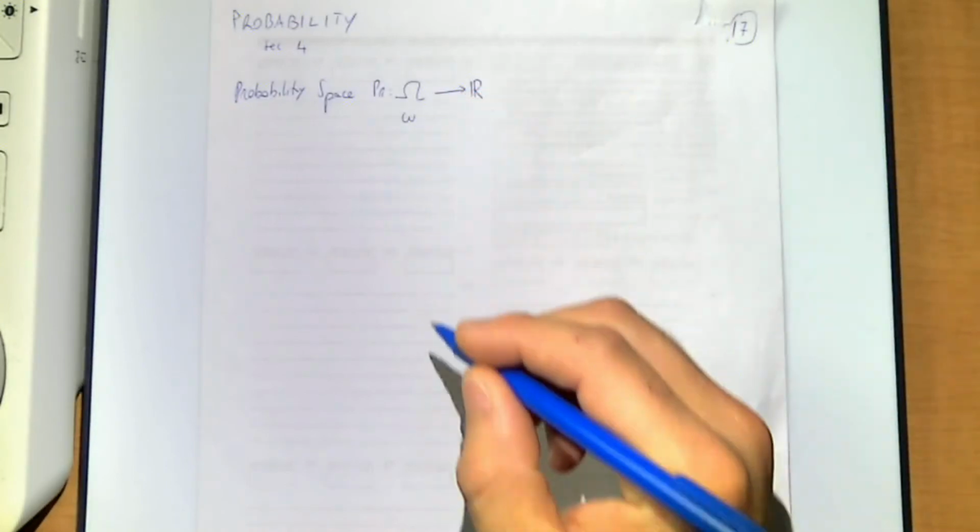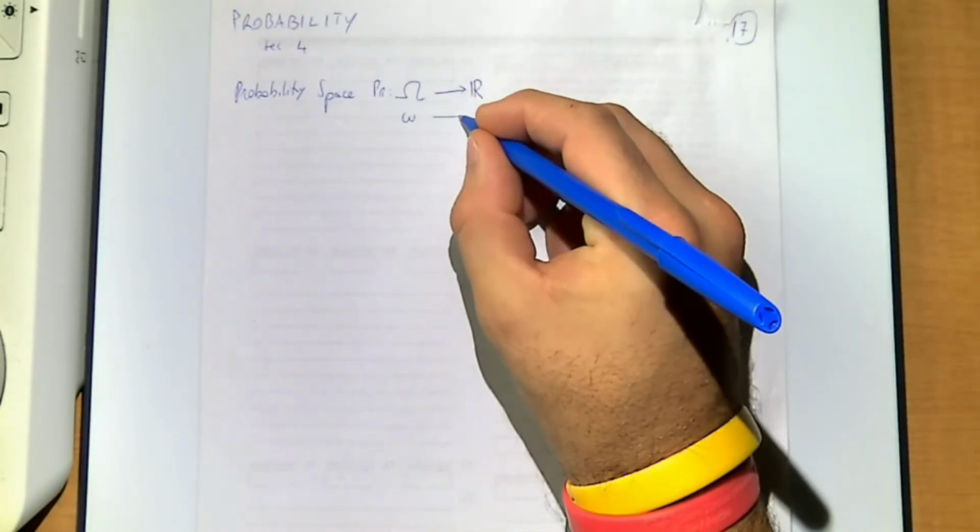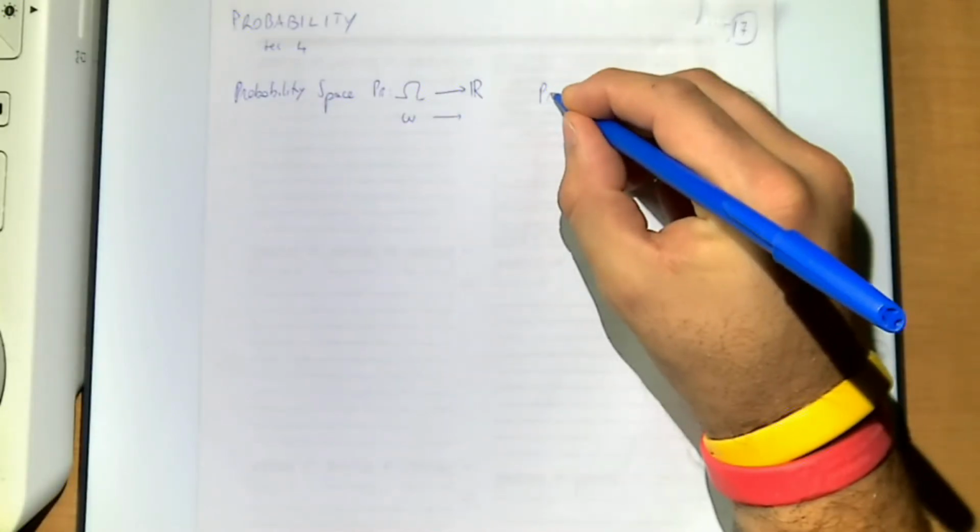In fact, for a given outcome, say omega, that is mapped to a certain number here. Basically the probability of omega corresponds exactly to the probability that outcome happens. Now, sometimes the informal way of thinking about probability is, oh, you have a 50% chance of happening.